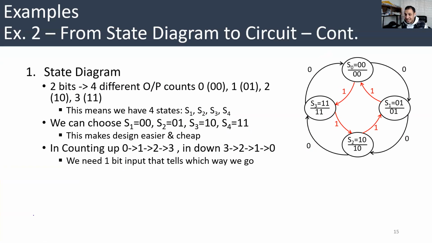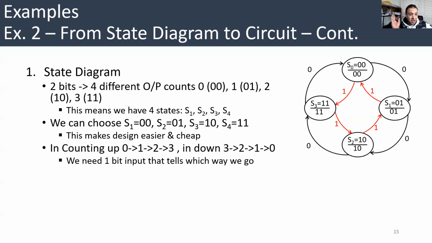The second step is to determine the number of flip-flops and their type. Here we are forced to use D flip-flops. If it's not mentioned in the question, then we can use T flip-flops, JK, or SR, whatever you like. Although SR is not always good to use because of the forbidden states, and we will not use it.